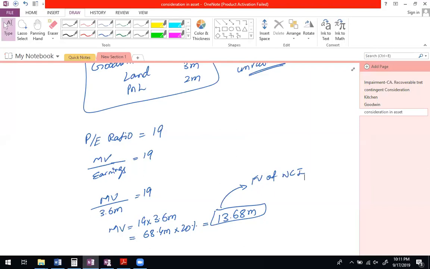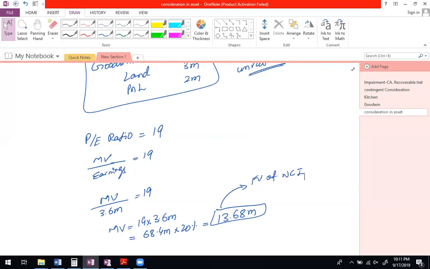Mudassir, basically, the P/E ratio means market value divided by the earnings. If we keep earnings per share, we will get the market value per share. And if we keep the earnings in total, we're going to get the market value in total. So the question gave us the earnings of $3.6 million of the entire company.